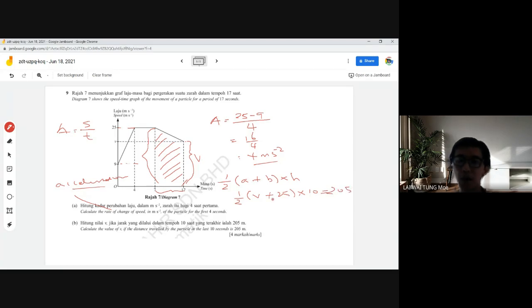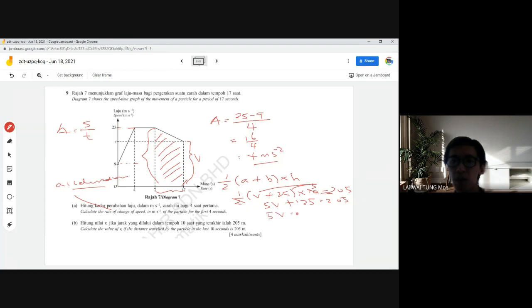So solve this equation, you will get your value of V. How to solve? 2 and 5, just simplify it. You get 5, and then you expand the bracket. 5 times V, 5 times 25, you get 5V plus 125 equals 205. So to get your V, move the 125 over to the right hand side.